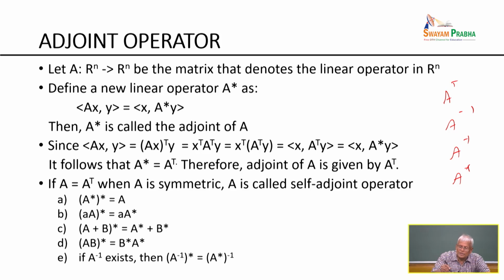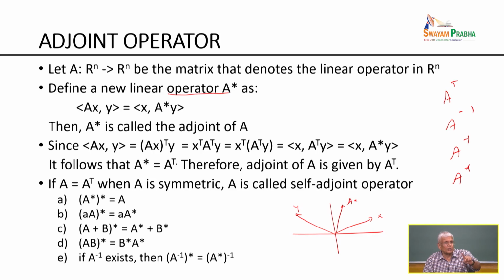So how do I define the operator A star, adjoint operator, A as an operator? If I'm given two vectors x and y, if I compute the inner product of Ax to y, let's look at this now. This is x, this is y, Ax is this.